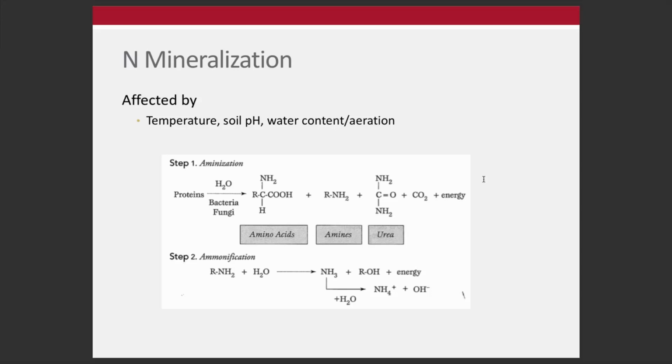And so again, we can think about chemically these two steps of aminization and ammonification. Aminization is taking a protein and then breaking it down into things like amino acids, amine groups, or even urea. So these are potential byproducts or outcomes of this aminization step.